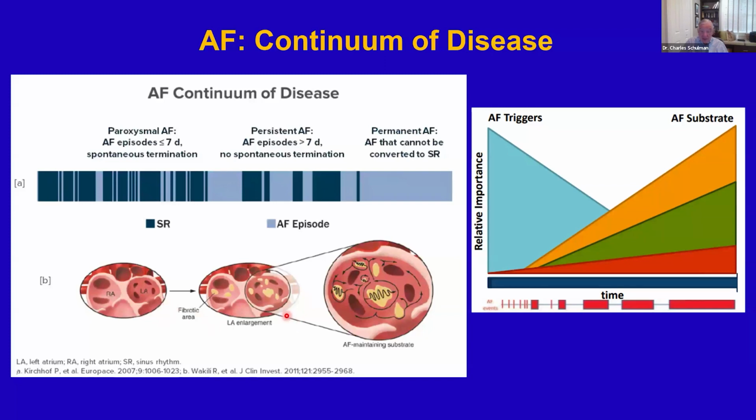The left atrium becomes enlarged, it becomes scarred, leading to reentry circuits. So there is both structural and electrical remodeling of the atrium as time goes on. Early in the course of atrial fibrillation, AFib triggers are more important. Later in the course of atrial fibrillation, the AF substrate is important.